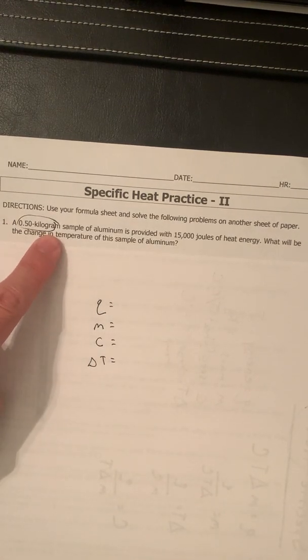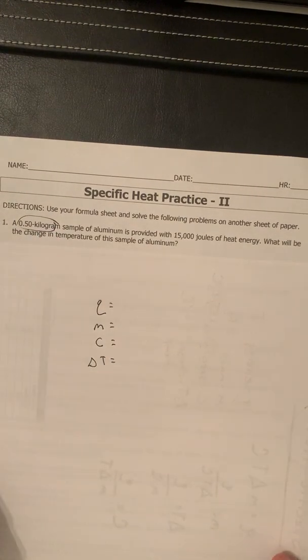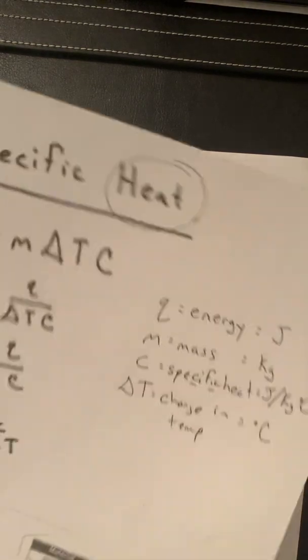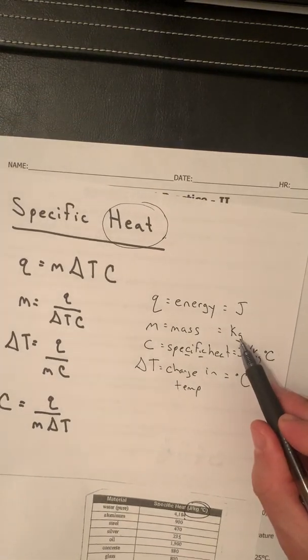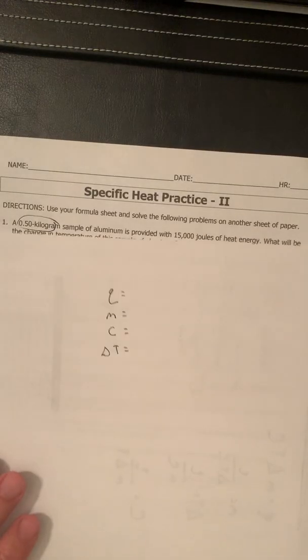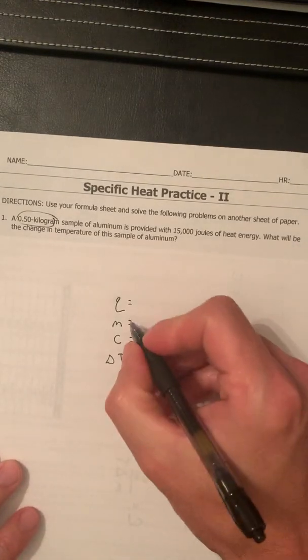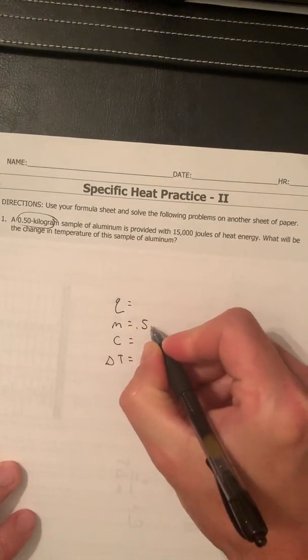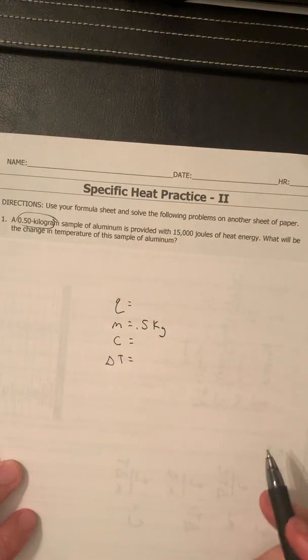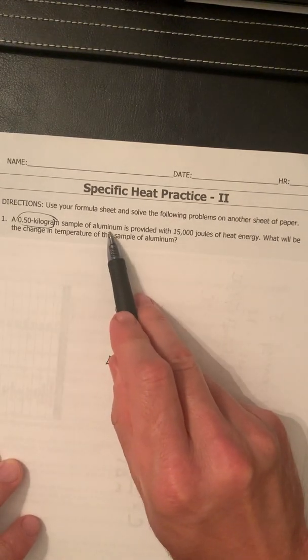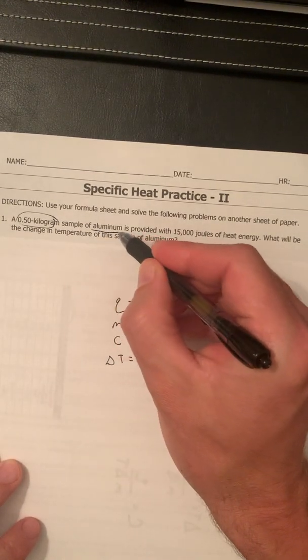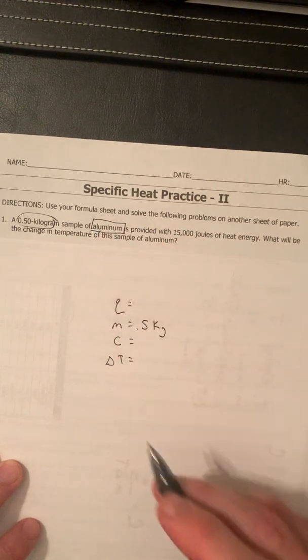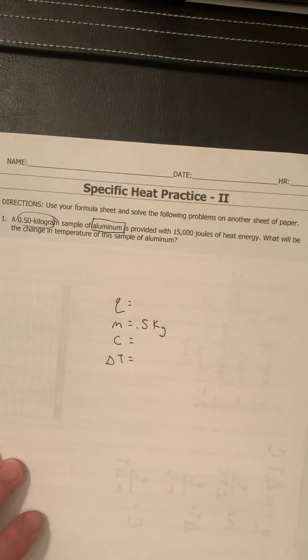I see it's kilogram. So I know that if we're talking about grams or kilograms, that's got to be an example of mass. So I'm going to take mass 0.5 kg. Sample of aluminum. All right, the fact that this is aluminum, I think that may come back to be useful, so I want to keep that straight.